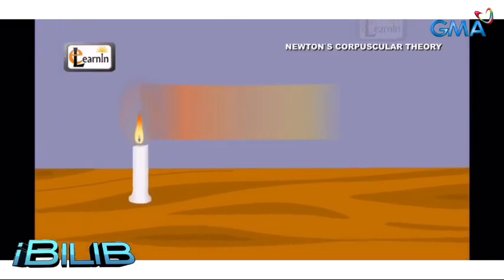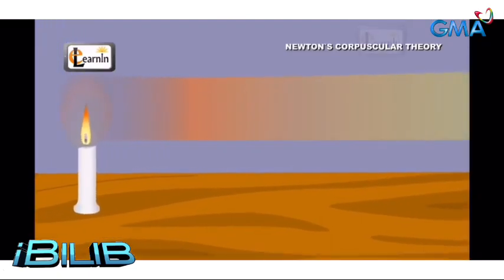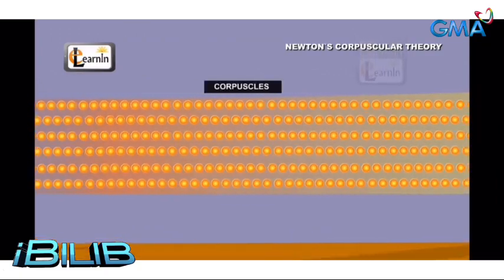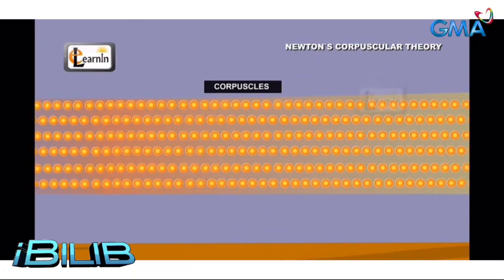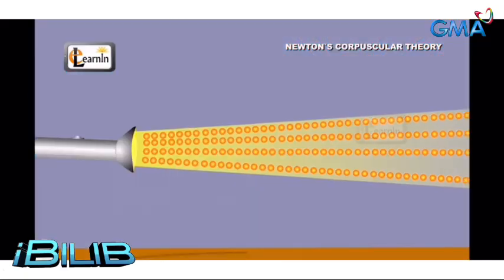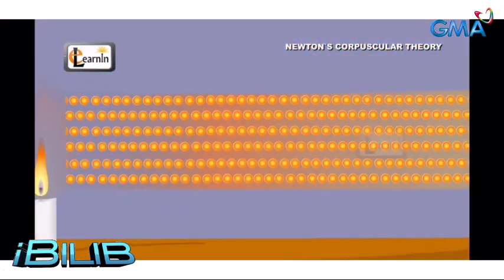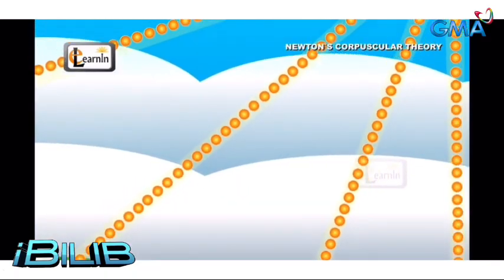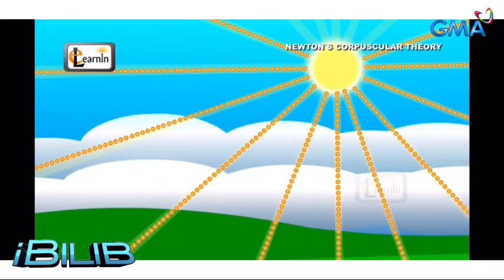This theory of light states that light consists of corpuscles, which are a stream of discrete tiny light and perfectly elastic particles. Every luminous source like the sun, a lamp, or a candle emits these corpuscles. These corpuscles travel in straight lines in all possible directions.